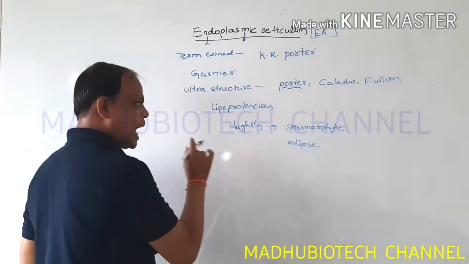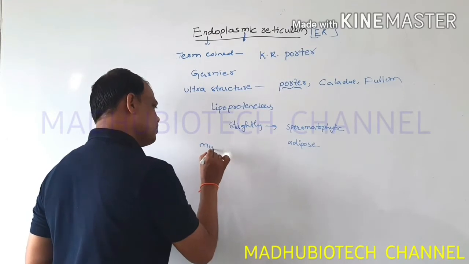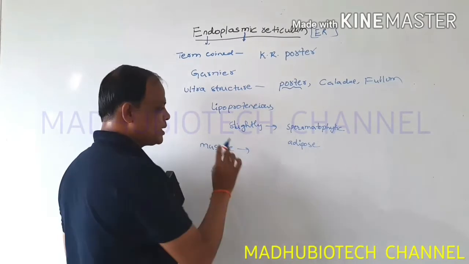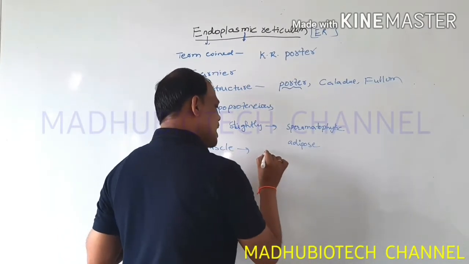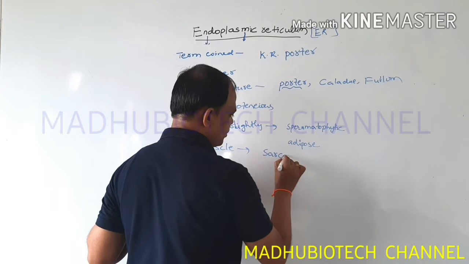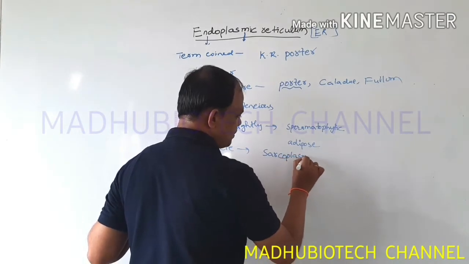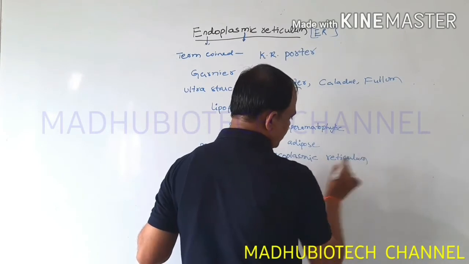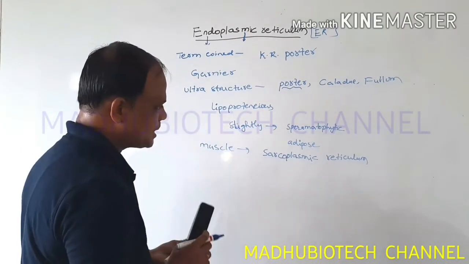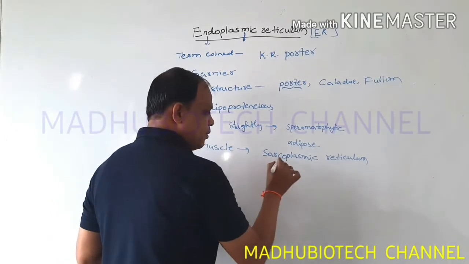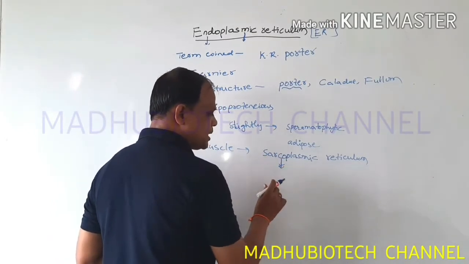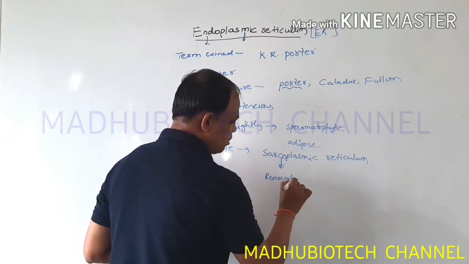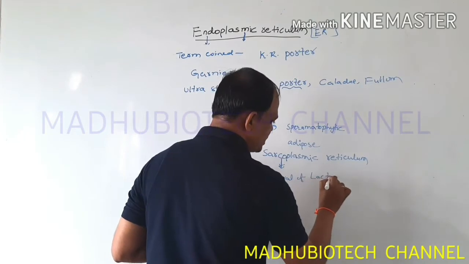In animal muscle cells, the endoplasmic reticulum is present in the form of sarcoplasmic reticulum. The main function of the sarcoplasmic reticulum is the removal of lactic acid in the muscle cells.